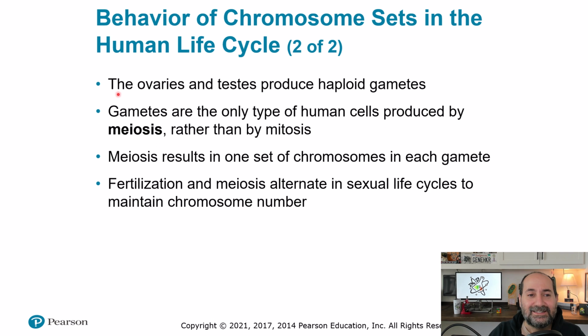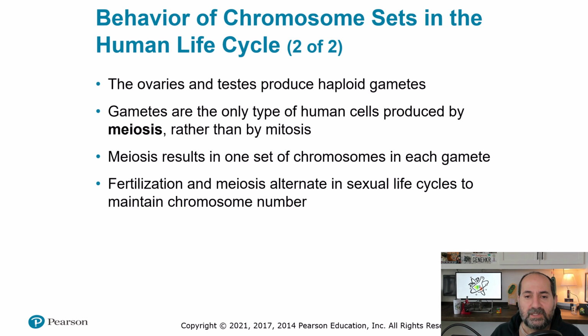And again, it's only the reproductive organs, the ovaries and the testes, that produce the haploid gametes. The gametes are the only type of human cells produced by meiosis rather than mitosis. We learned about mitosis in chapter 12, the previous chapter. We learned all the phases of mitosis.